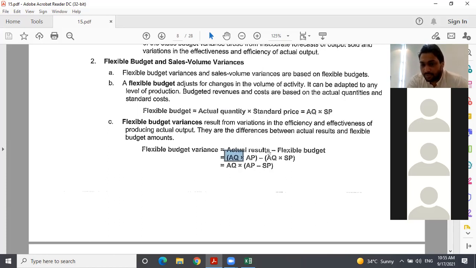For example, we sold 10 quantities. So in both places it will be 10 quantities. Only the difference will be caused by actual price and standard price. Clear? So actual quantity into actual price minus standard price will give you the flexible budget variance.